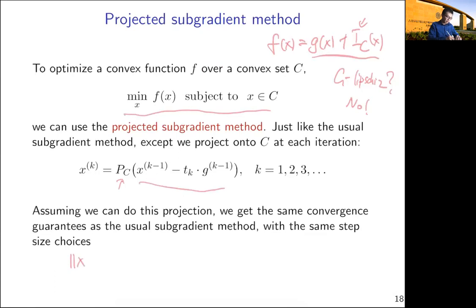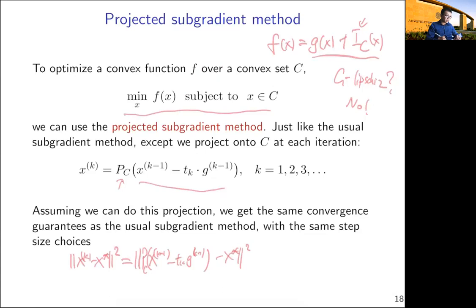Consider xk minus x star. This is equal to the projection of x k minus 1 minus tk gk minus 1, with this projection operator here, minus x star. This is what we have from this projected subgradient method.